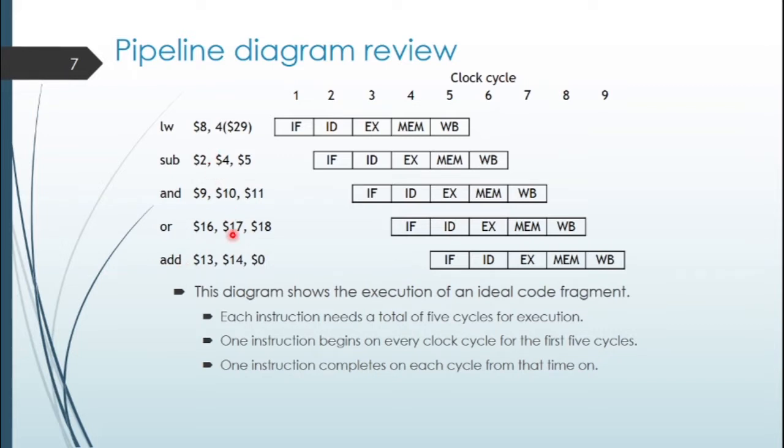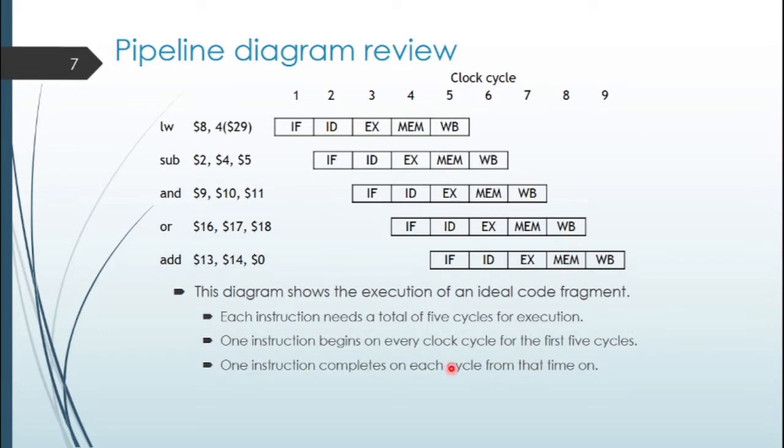The first instruction starts in the first clock cycle and is completed by the 5th. The second instruction starts at clock cycle 2 and finishes at clock cycle 6. Similarly, the third instruction starts at clock cycle 3 and finishes at clock cycle 7.